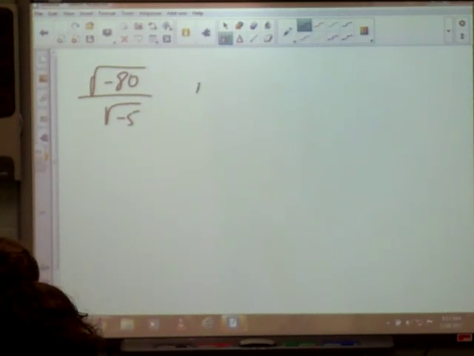Square root of -1 is i. Is there a perfect square that goes evenly into 80? You're right, Leah. Tell me what. Is it 4 times 20, but there's a bigger one than 4.